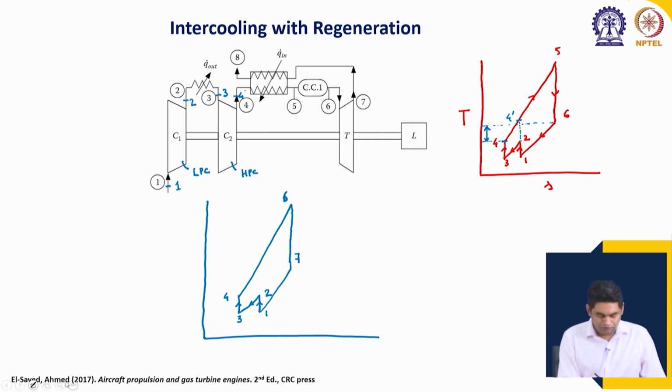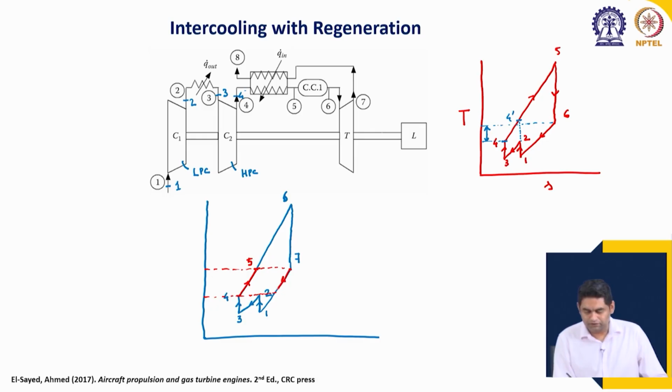Now the regeneration process, in ideal regeneration where the effectiveness is 1, will go from 4 to 5. So, this will be the regeneration process 4 to 5, and then on the gas side or the combustion product side, we have the regeneration again for the ideal case where the mass flow rate is considered to be the same.